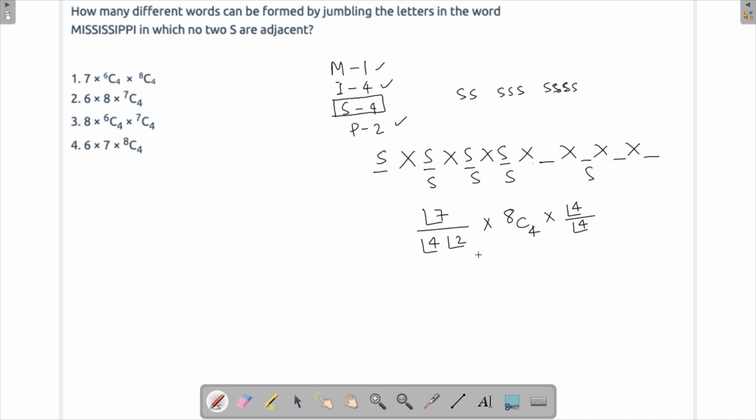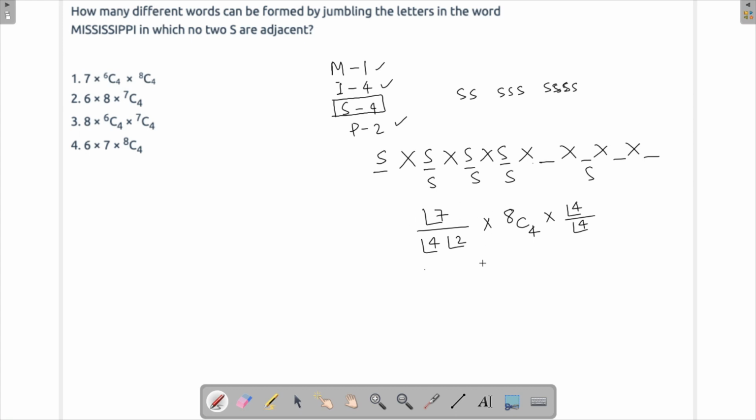Then we check the answer options here, and none of them look like the answer which we have. So it looks like we need to rearrange it, right? We have something like 8C4 over here, and 8C4 is in the options as well. Now what can we do?